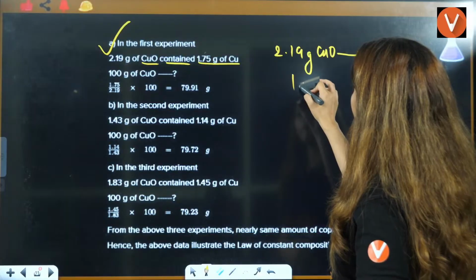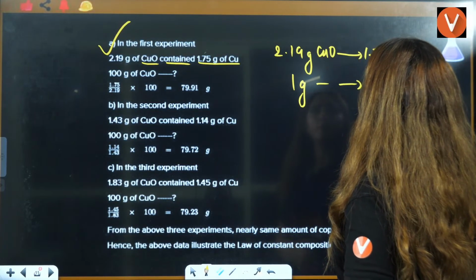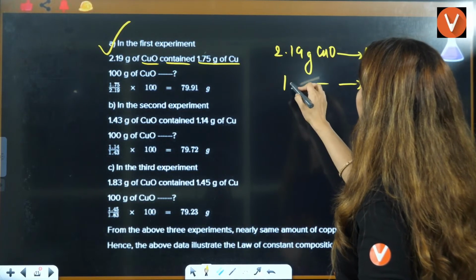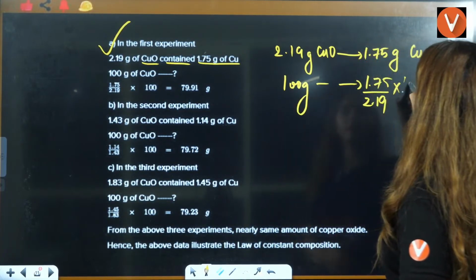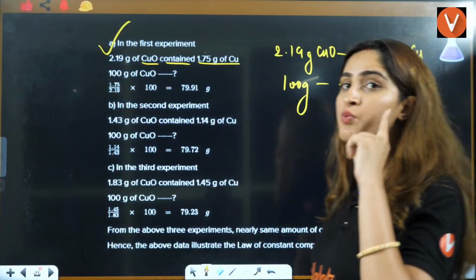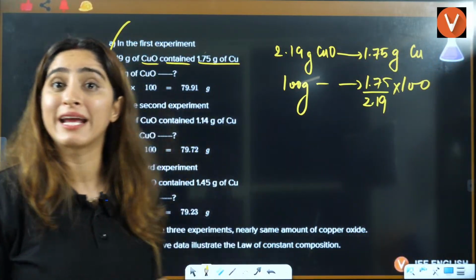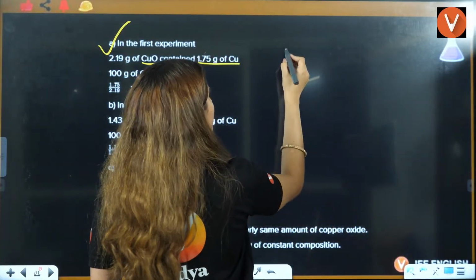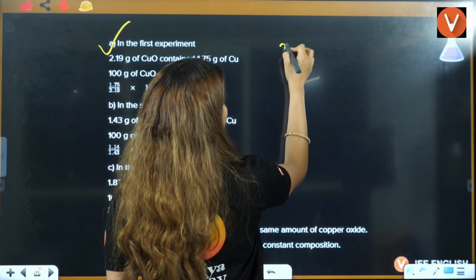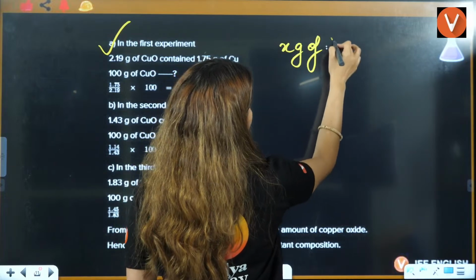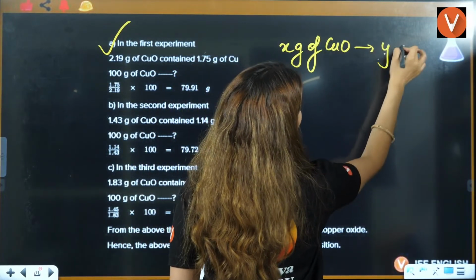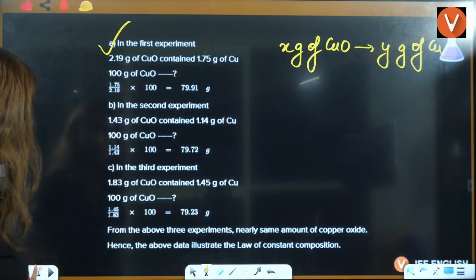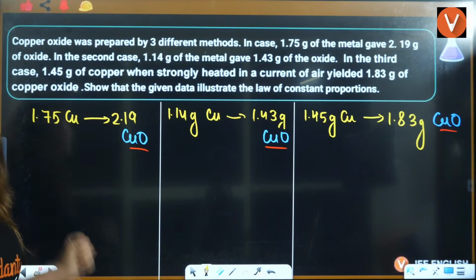So 1 gram of this will give you 1.75 divided by 2.19, and 100 gram will give you that multiplied by 100. So what is the formula that we are getting? I'm just giving you this formula directly. Let's say x gram of copper oxide is giving you y gram of copper, because we have the relation of copper and copper oxide.